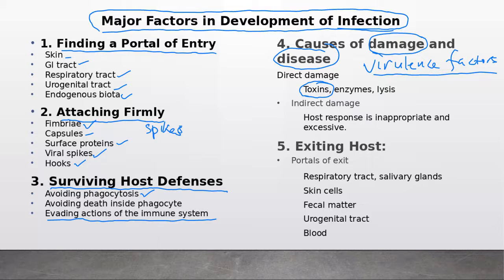Some also produce enzymes that can damage the host tissue. Okay. Some of them also use chemicals to cause lysis, for example lysis of the host red blood cell. So it actually breaks the red blood cell.